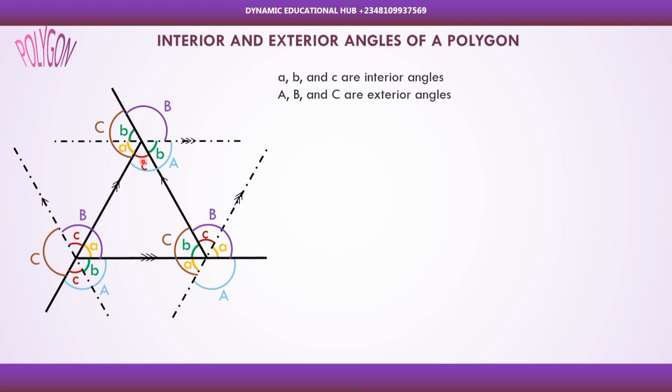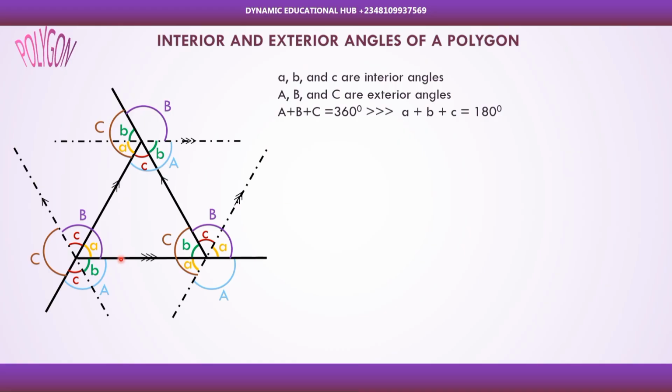When you add angles formed on a straight line, you get 180 degrees. So it implies that the sum of the interior angles of this triangle is equal to 180 degrees. That shows that we have proven the sum of interior angles of a triangle. We can see that it is 180 degrees.